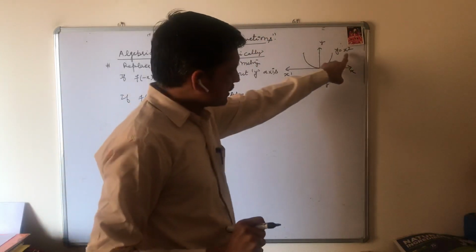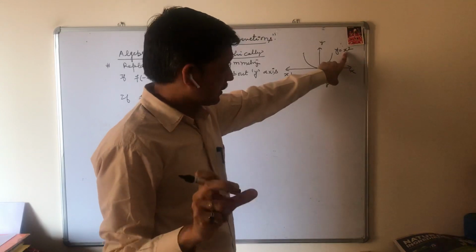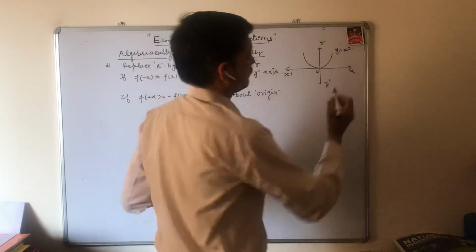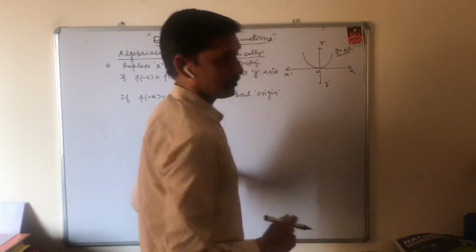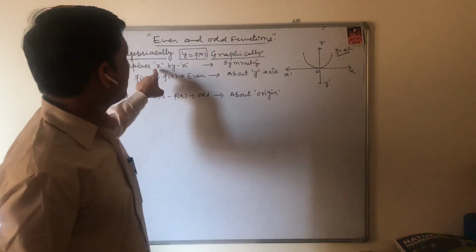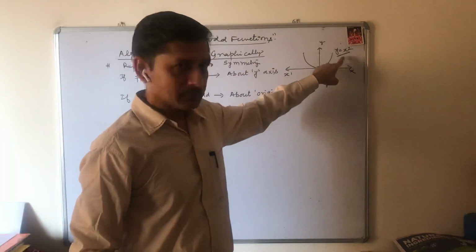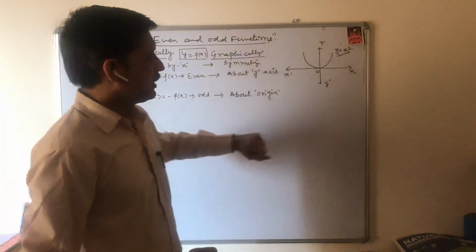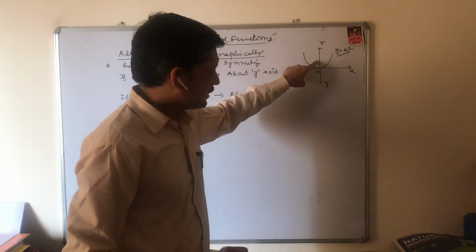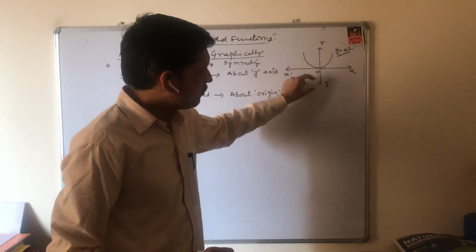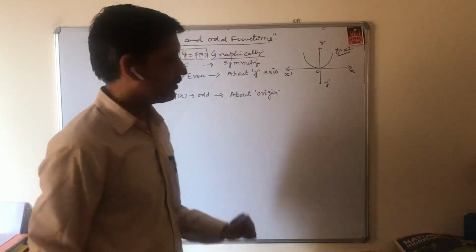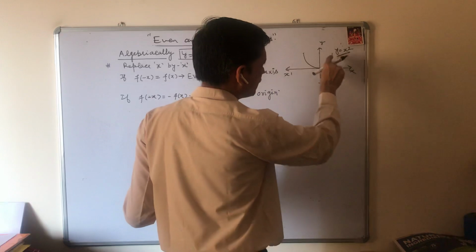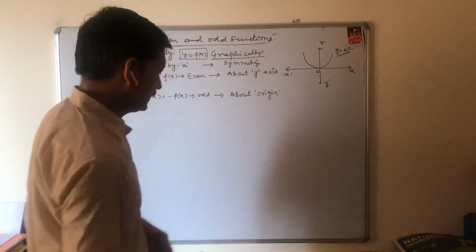If you replace x by minus x in that function, due to its even power, the function will remain the same. Therefore, by the algebraic method, the function is an even function. Is that clear? Now, symmetry. That function is symmetrical about the y-axis, meaning the y-axis works as a mirror in that case. Therefore, graphically, the function is also an even function.